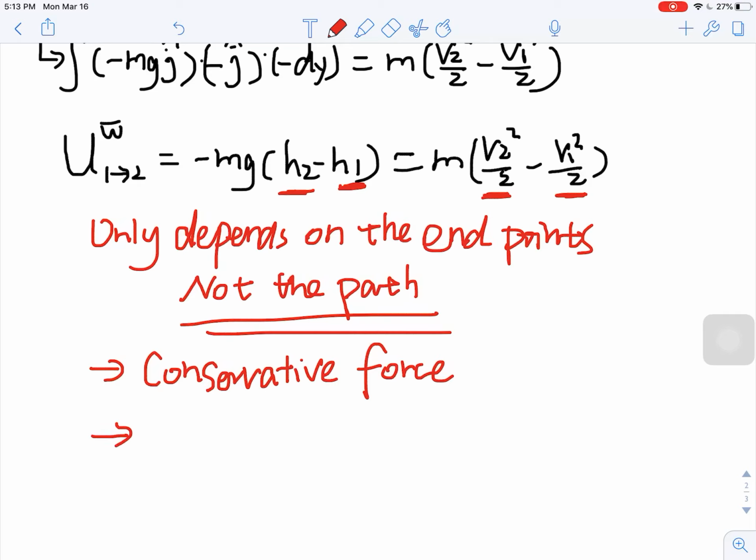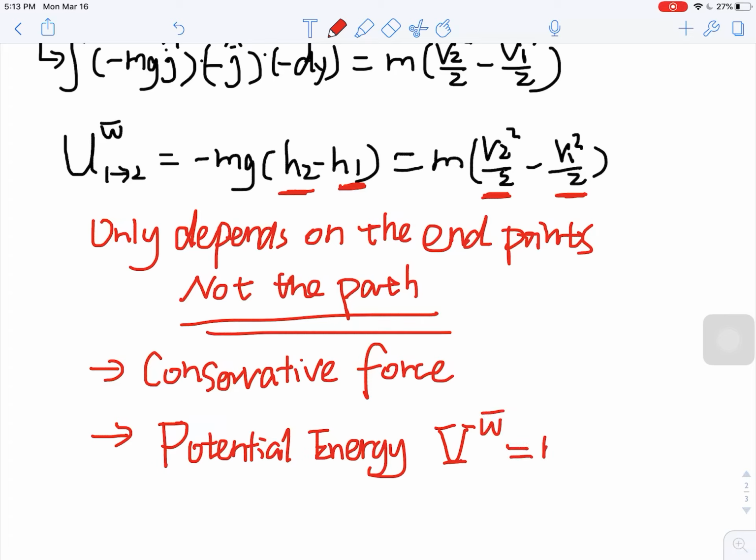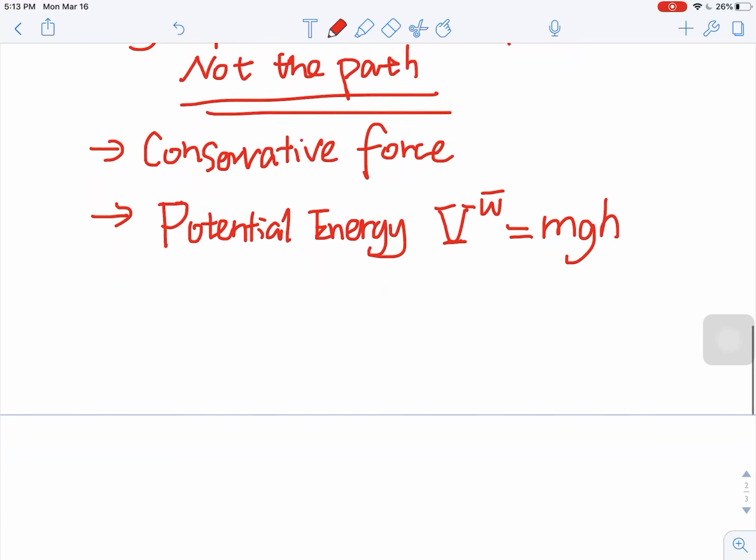We can write the work as a potential energy using capital V. The potential energy by the weight force equals m g h: mass, gravitational acceleration, and h, the displacement in the vertical direction.